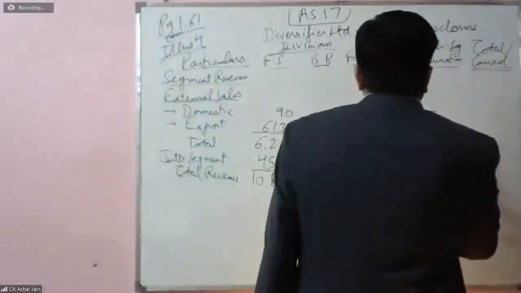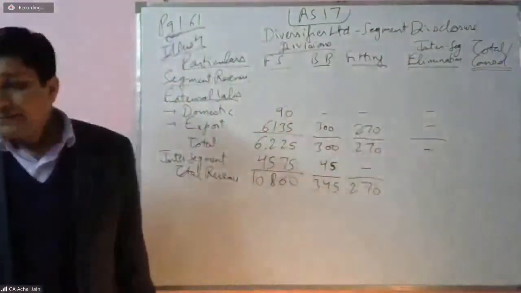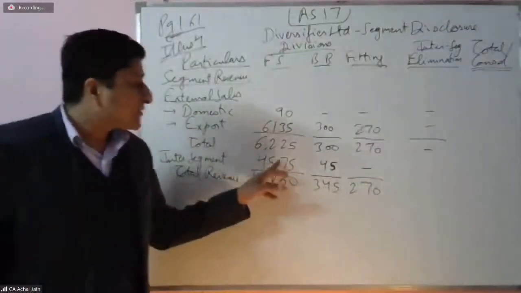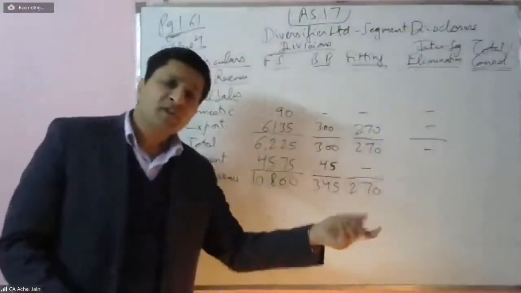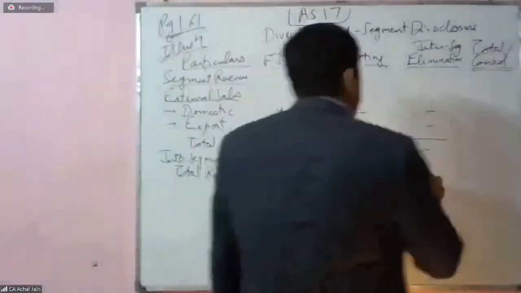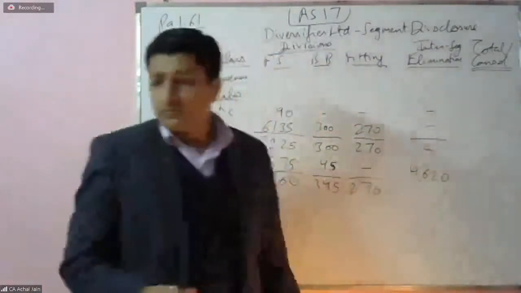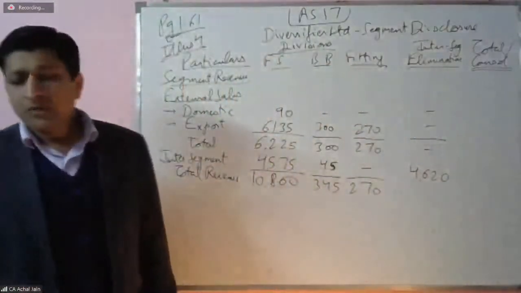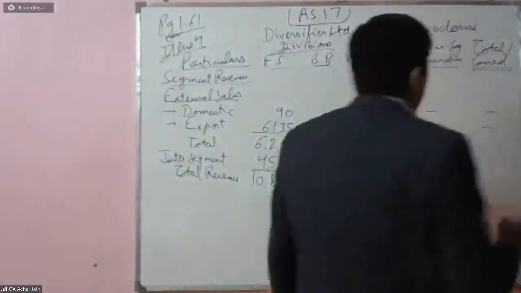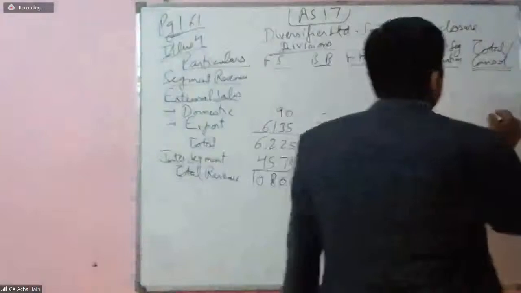Here we don't have any elimination. This is nil. But over here, the total of these two will have to be eliminated, because if these are sold to divisions, then these are also the purchases for the divisions. So we will exclude these two, 4620. And the total 6705.